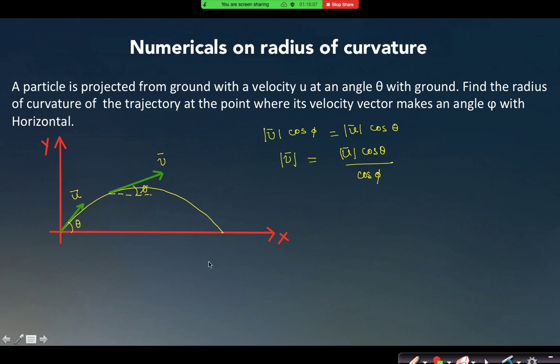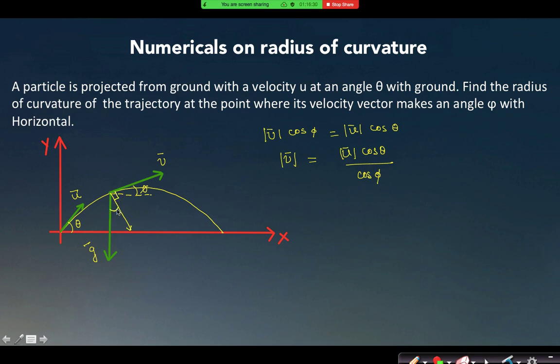At this instant, what is the acceleration of the particle? You can see that the acceleration of the particle is always acting downward, given by the g vector. But I will not take this g vector as my normal acceleration. I will take the component of g that is perpendicular to the velocity vector.